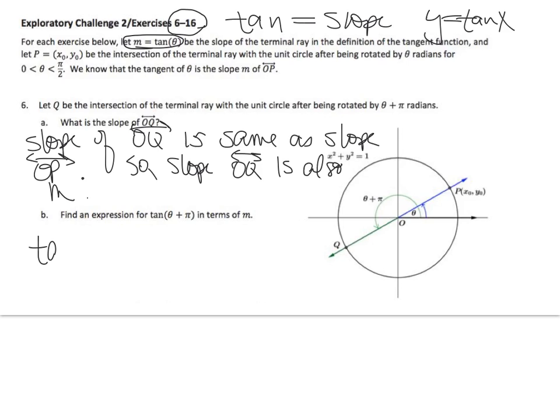Well, tan of theta plus pi equals m because tan of theta plus pi is the same as tan of theta, and the tangent of any line is equal to its slope.